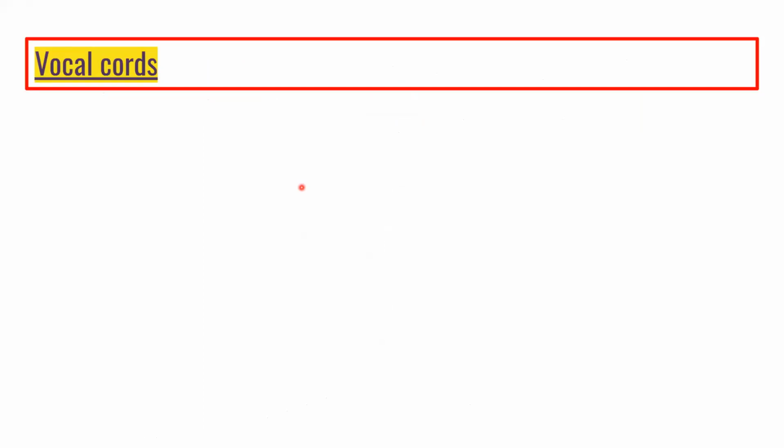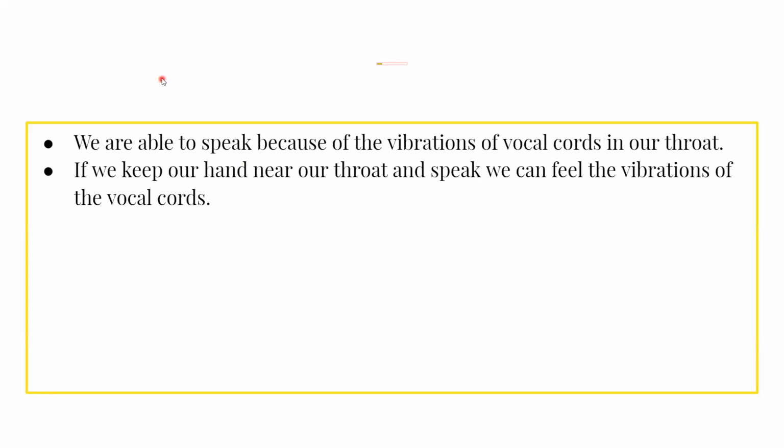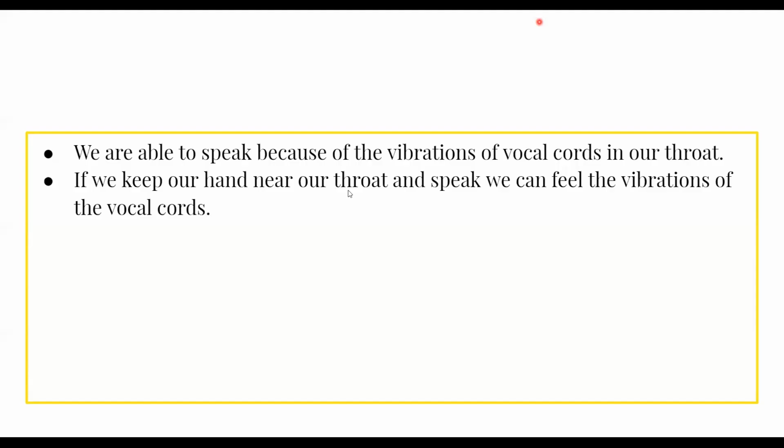Now we are going to learn about vocal cords. Vocal cords are the string-like things which produce sound in our throat. We are able to speak because of the vibrations of the vocal cords in our throat.